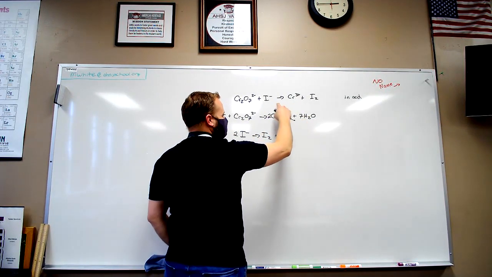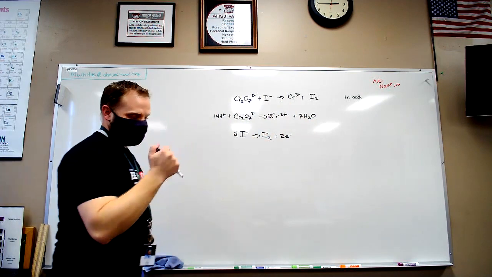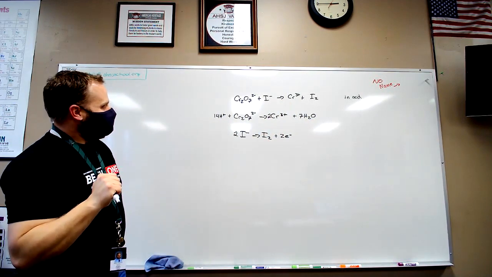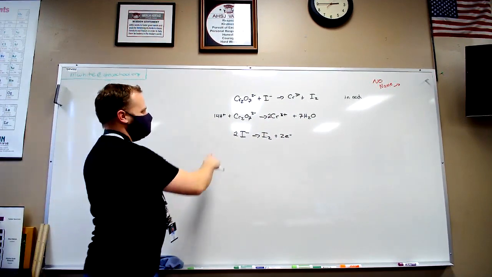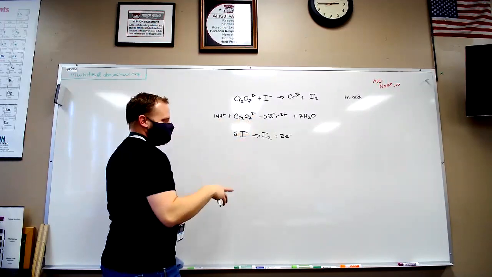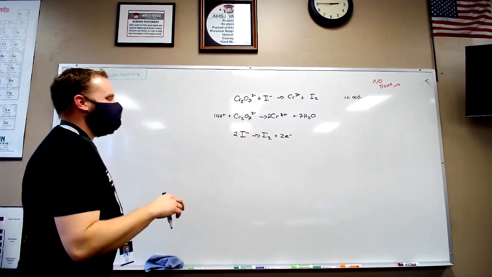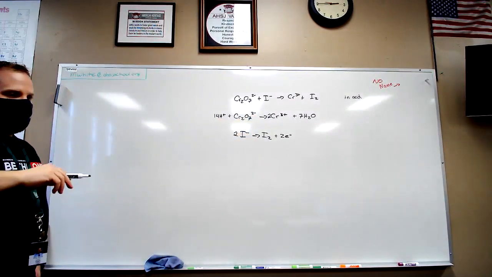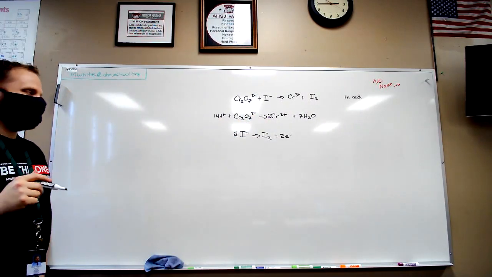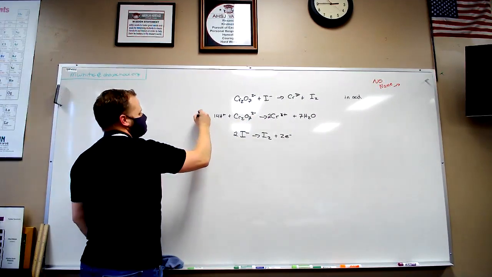This is a total of 0. 6 plus 0 is 6. So on the other side, 14, negative 2, so we have 12. So the difference between positive 6 and positive 12 is 6. So we need to add 6 electrons.